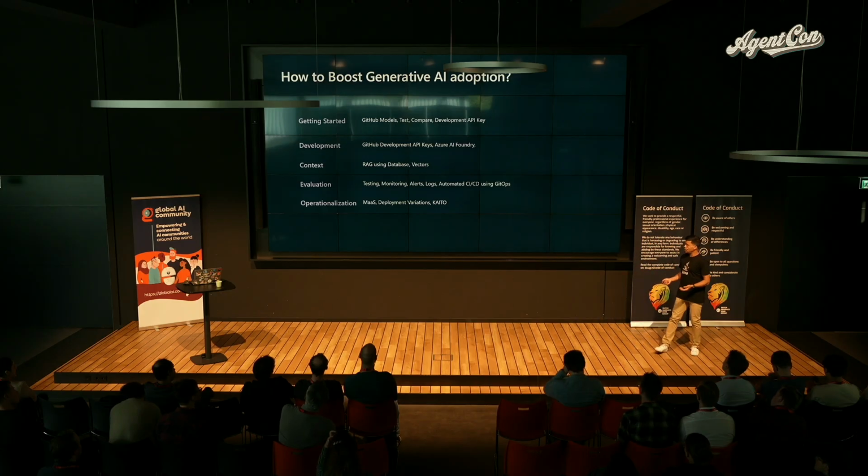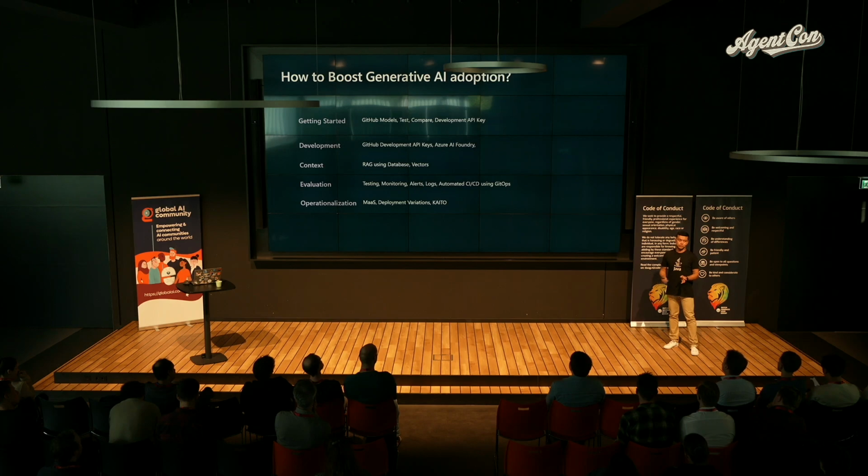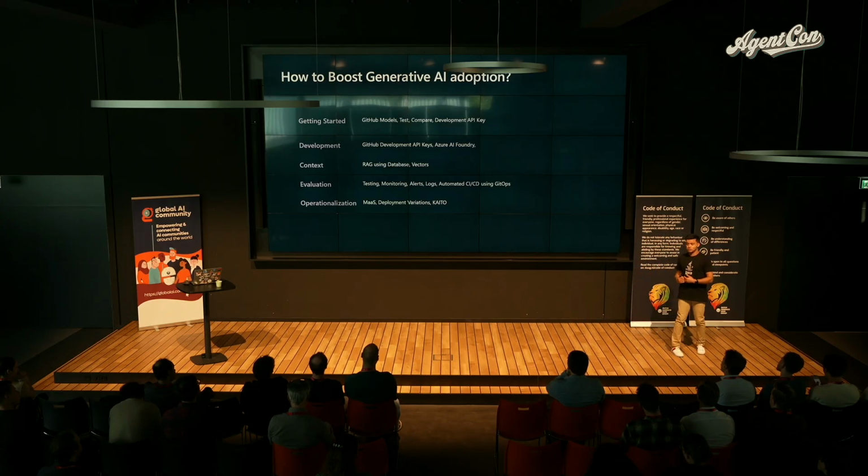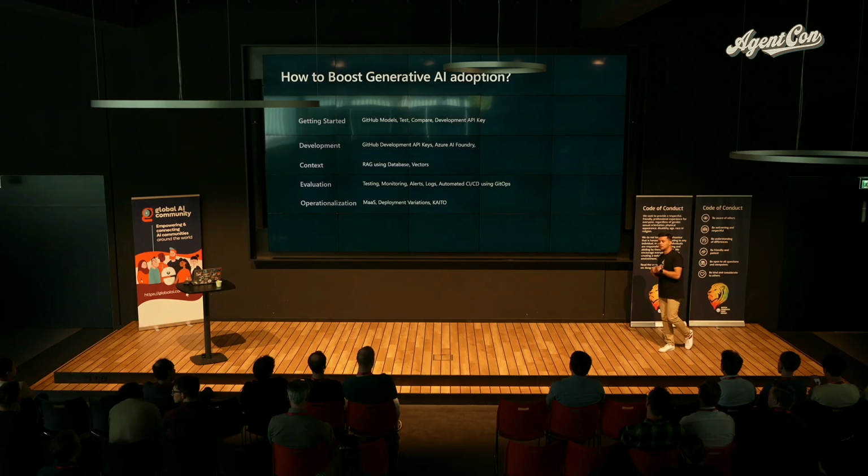Context: use RAG. I haven't talked about it, but you can find enough resources on the internet about RAG. Testing and monitoring is a very interesting and important step before you start. As a developer, you also need to think about, if I'm producing this code, how am I going to test it? What would my application structure look like? Look at app templates, look at the Bicep files, look at the testing scripts, look at the GitHub workflows and how they are configured.